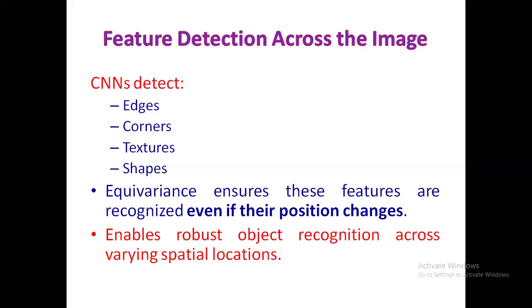Equivariance ensures that these detections are not restricted to specific regions of the image. Whether a pattern appears in the top left or bottom right of the image, the CNN recognizes it in the same way. This robustness makes CNNs highly effective in visual recognition tasks.